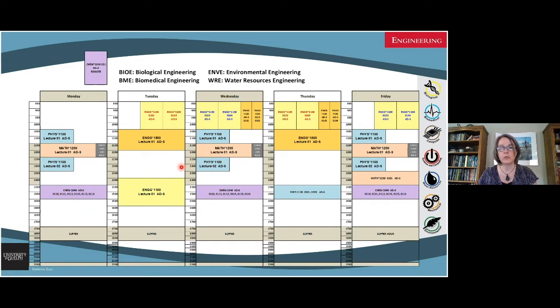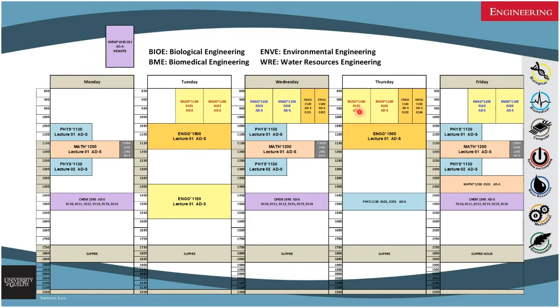The last thing I want to bring your attention to for this particular group of students is that these students are going to be taking Engineering 1500. Engineering 1100, which everyone takes, has a 4-hour lab, but it's split into 2-hour segments. So you'll see Lab 0101 takes place on Tuesday morning and Thursday morning. So you will be attending both of those.